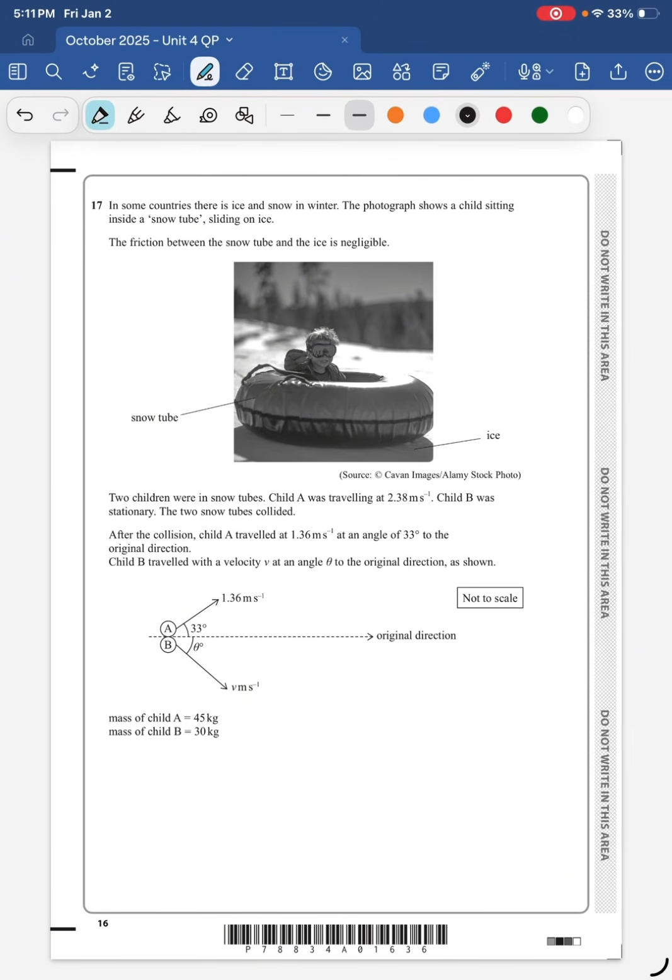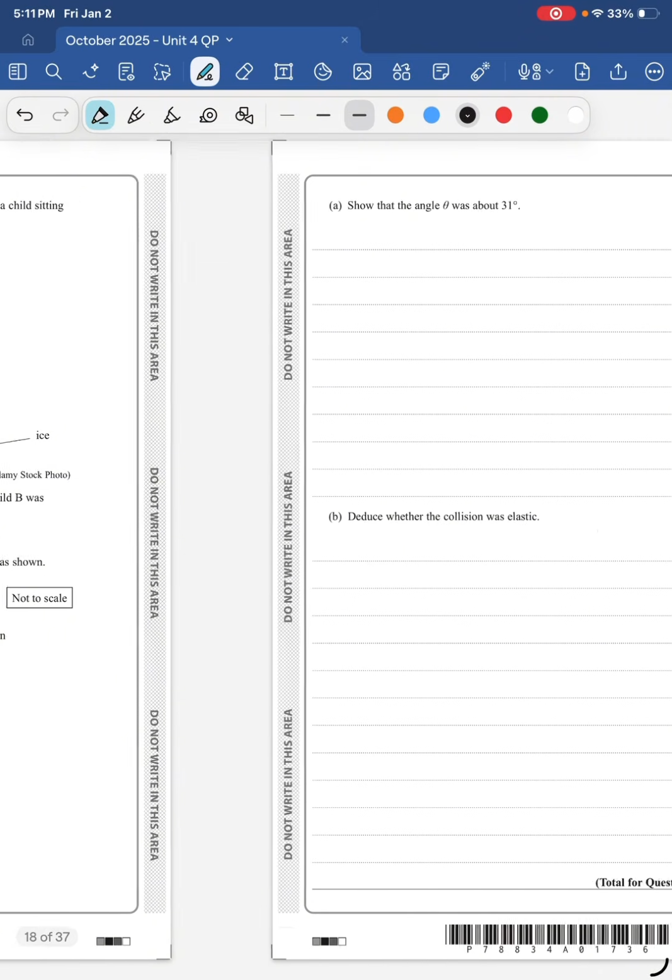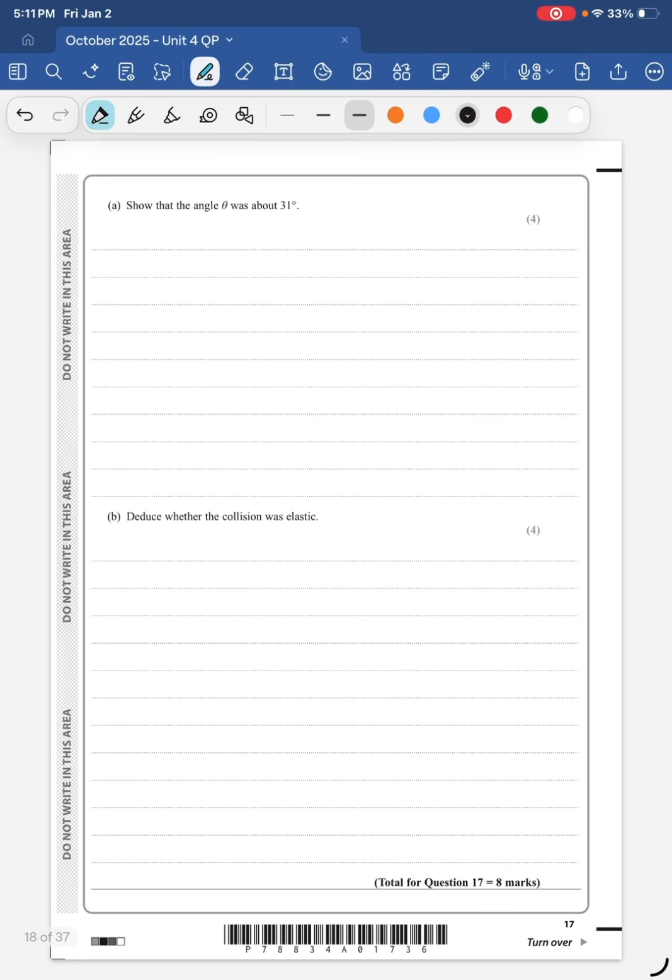The two snow tubes collided. After the collision, child A traveled at 1.36 meters per second at an angle 33 degrees to the original direction, and child B traveled with velocity v at an angle theta to the original direction as shown. Okay, question A. Show that the angle theta was about 31 degrees.